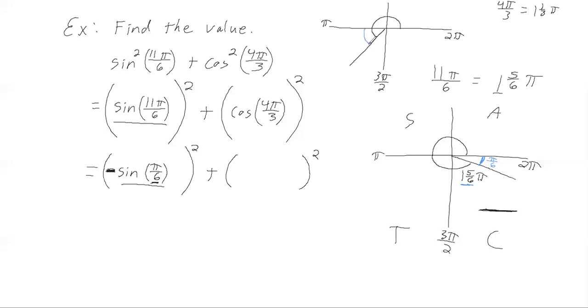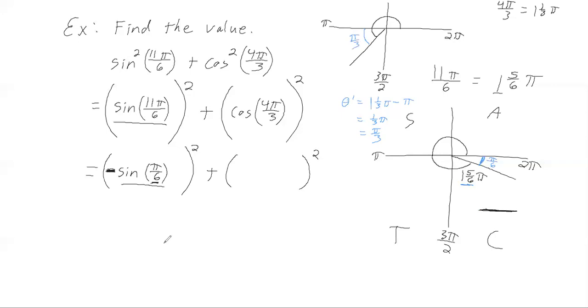It's going to be 1 and 1/3 pi minus pi. That'll be 1/3 of a pi left, or pi over 3. My reference angle here is going to be pi over 3.